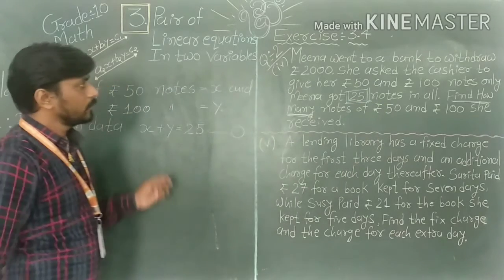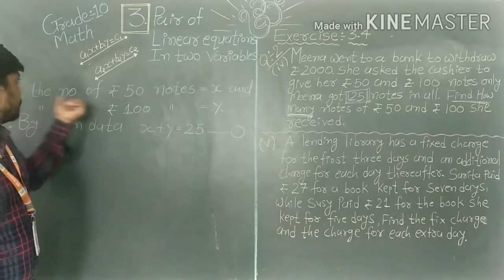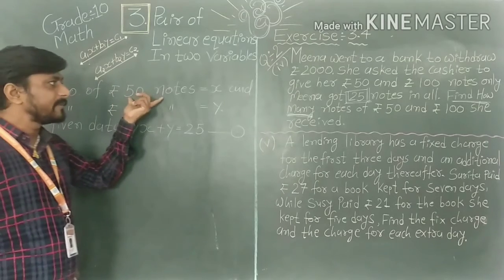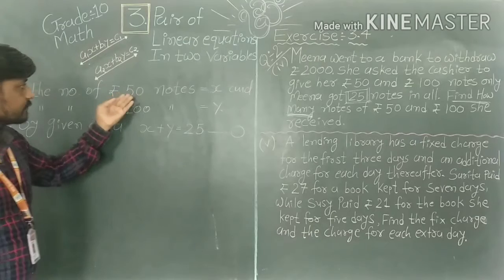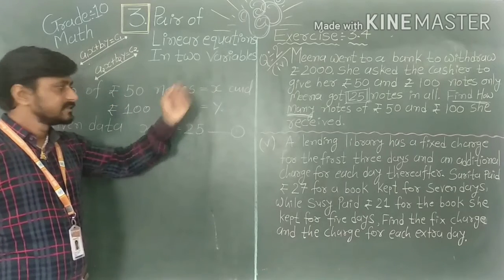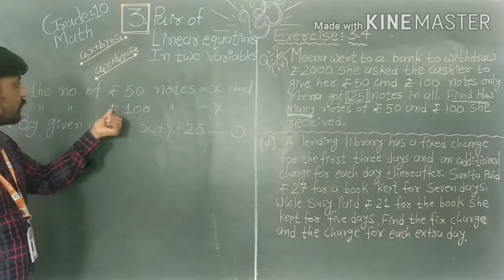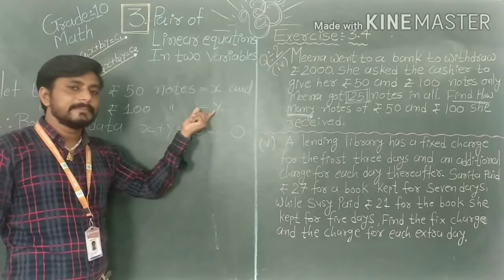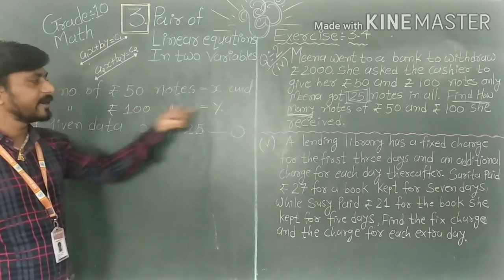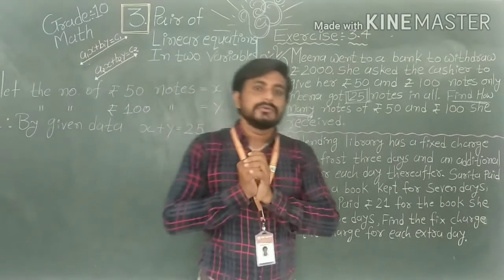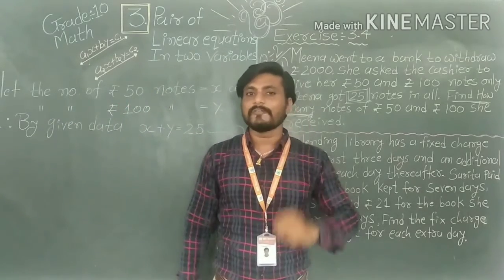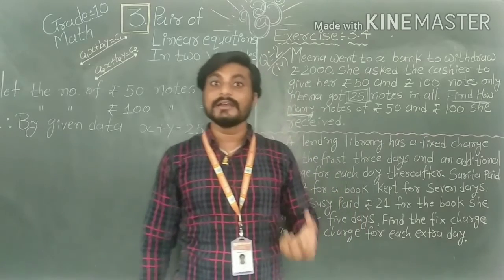Now the number of notes of 50 is X. That means how much total money? 50X. Similarly, the number of notes of 100 is Y, so the total money is 100Y. In general, if you have 2 notes of 50, then the total money is 100.